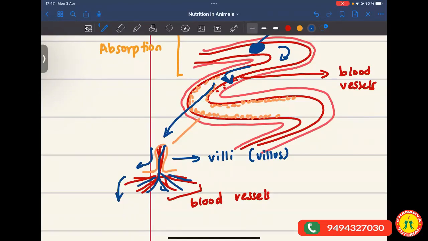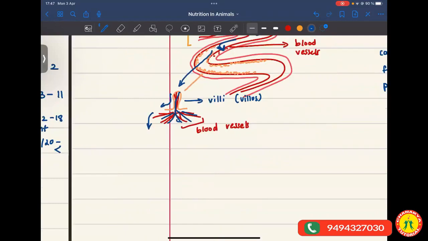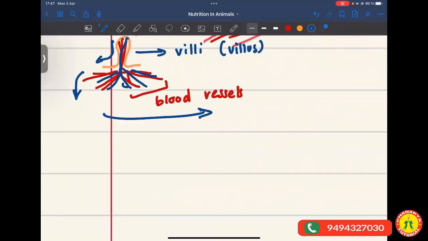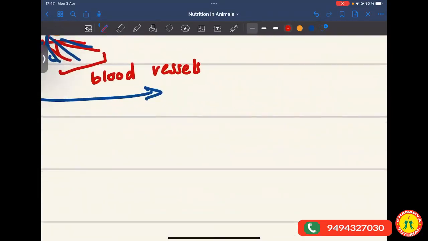From your blood vessel, where does it go? To all parts of the body. And there they are used for building all the complex substances.